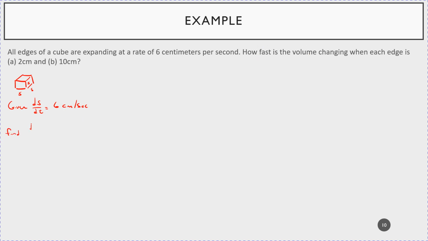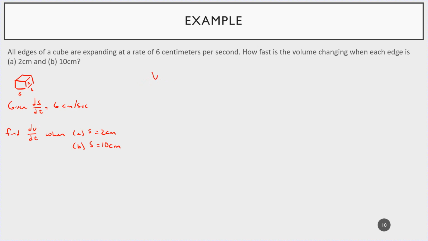dV/dt when each edge, and then it has two parts. When A, s is equal to 2 centimeters, and B, s is equal to 10 centimeters. All right, this is a piece of cake. You need an equation that relates the sides to the volume.